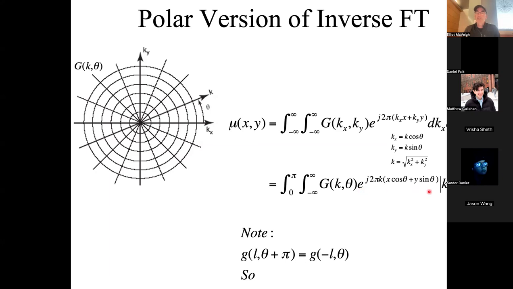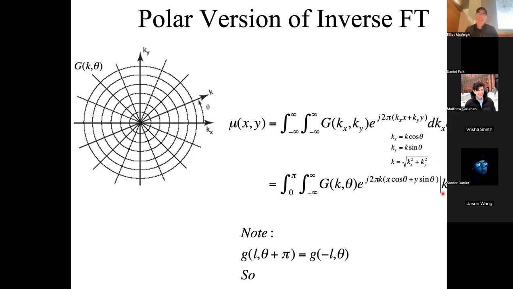When we take the inverse Fourier transform, we need to transform the Jacobian of this integral such that we're in polar coordinates. So we're going to define kx as k cos theta, ky as k sin theta, and the Jacobian, you can't just write dkx dky, it doesn't become dk d theta. It becomes basically k dk d theta.